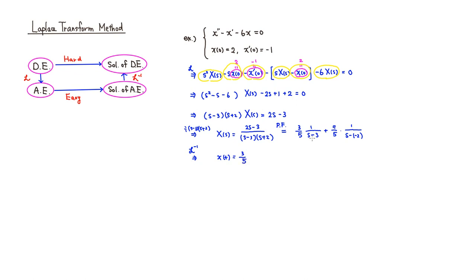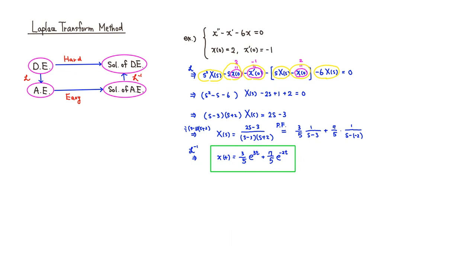The inverse Laplace transform of 1 over s minus 3 is e to the 3t, plus 7 over 5 times the inverse Laplace transform of 1 over s minus negative 2, which would be e to the negative 2t. So you can see that we already found the solution of the initial value problem.